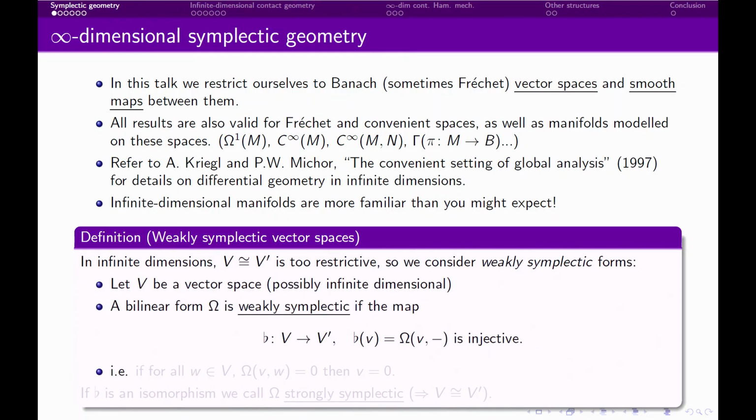We call the bilinear form omega weakly symplectic if this contraction map here is injective. Obviously in finite dimensions, injectivity and bijectivity would be equivalent, but in infinite dimensions this doesn't hold true anymore. And if omega creates an isomorphism, then we call it a strongly symplectic vector space, because it's stronger.